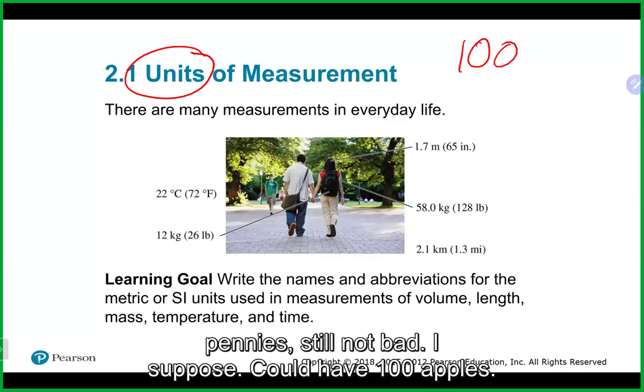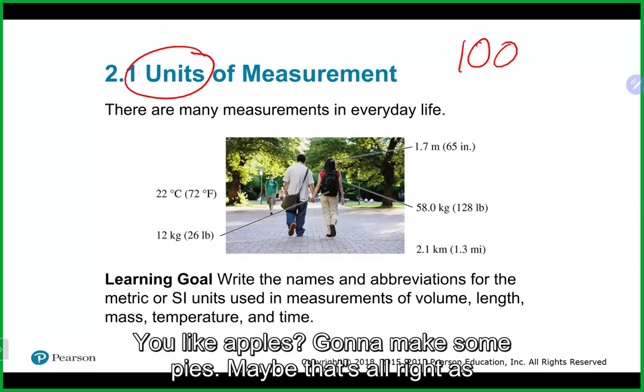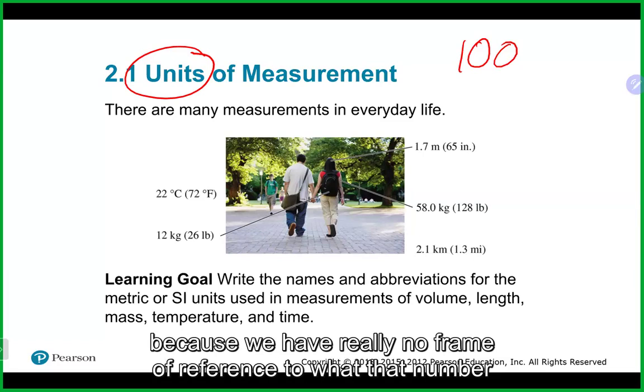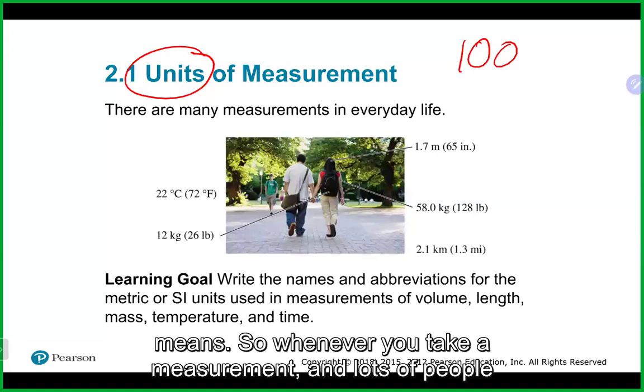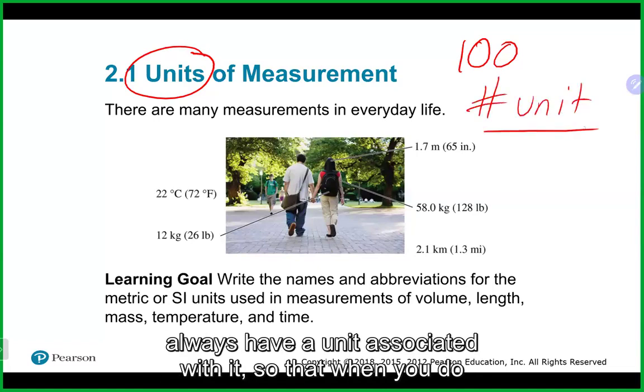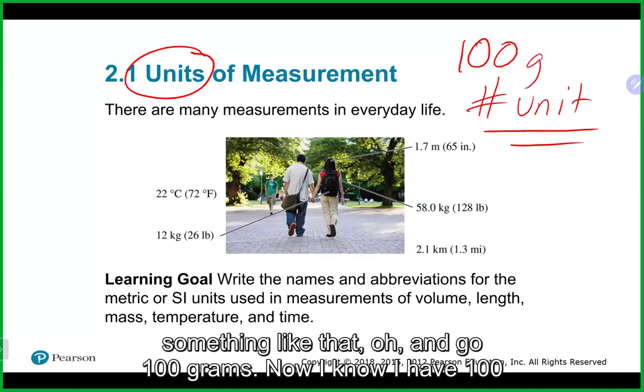Could have 100 apples. If you like apples, gonna make some pies. Maybe that's all right as well. But we really don't know what that means because we have really no frame of reference to what that number means. So whenever you take a measurement, and lots of people don't do this, you should always have a number and you should always have a unit associated with it so that when you do something like that, oh, I go 100 grams.